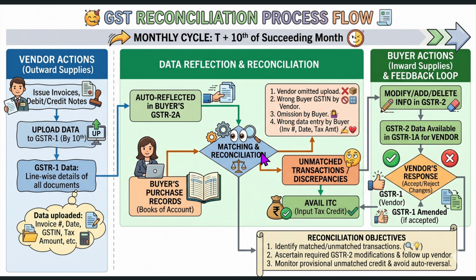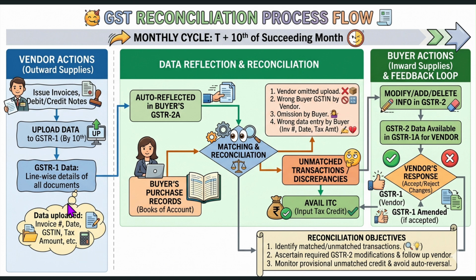First, your vendor uploads all their invoices, debit notes, and credit notes in GSTR-1 by the 10th of every month for the previous month's data. They upload the data in the portal, and that data includes invoice number, date, GST number, tax, amount, everything, line wise.